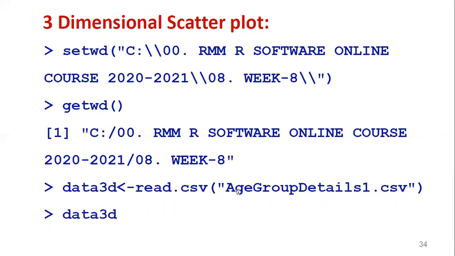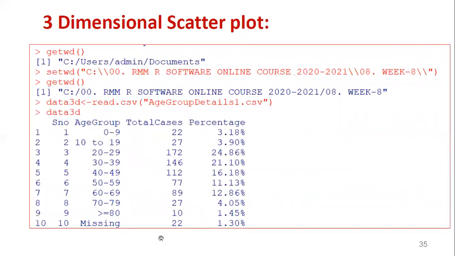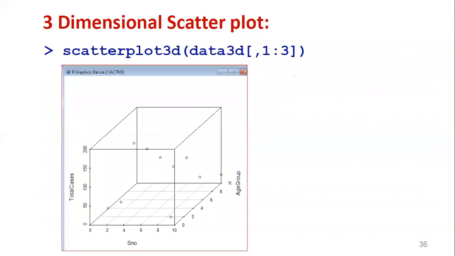After setting the path, you can move this data into data3D, one vector name. Now this age group details are moved to data3D. Now whenever you call data3D, the COVID data is displayed. Now for this data, you can draw the scatterplot3d. Here you can see scatterplot3d, data3D is the name of the vector where the data is moved.